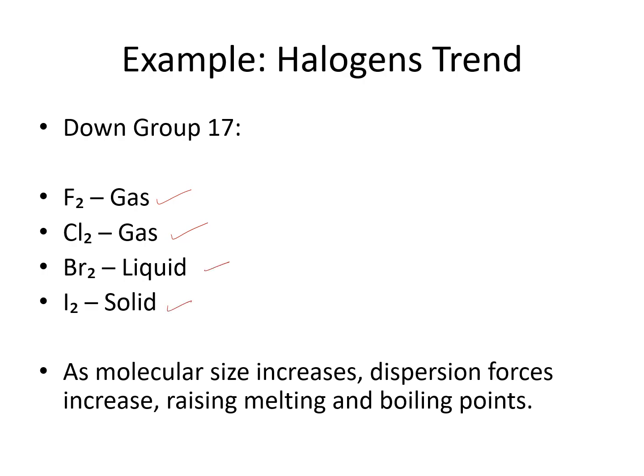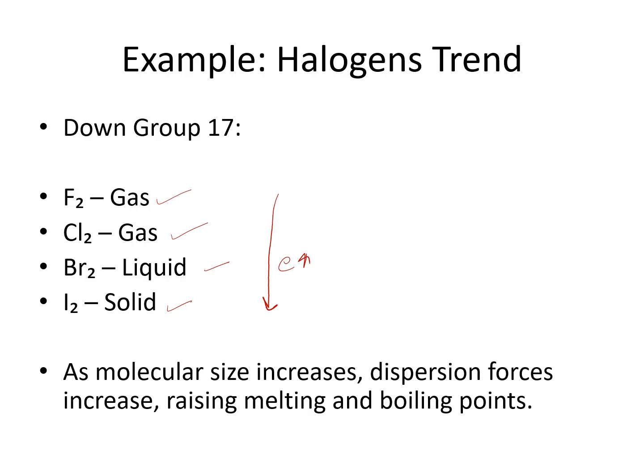Why so? Because as we go downward, what happens? The size of the molecules increases as well as the total number of electrons. The number present in iodine is higher than in bromine, chlorine, and fluorine. Like, the electron density increases as we go down, right?